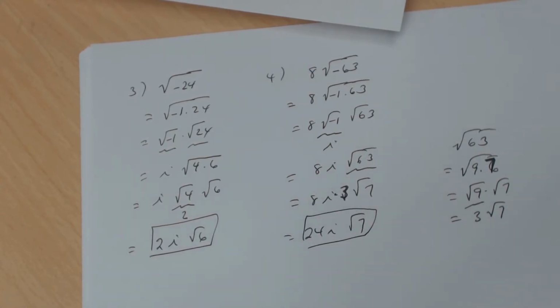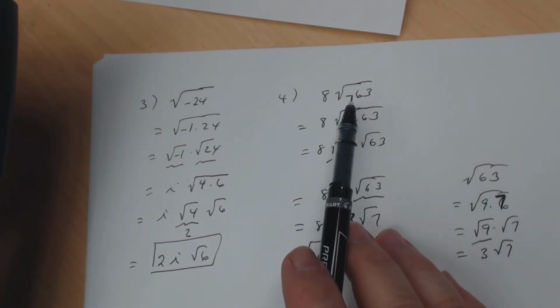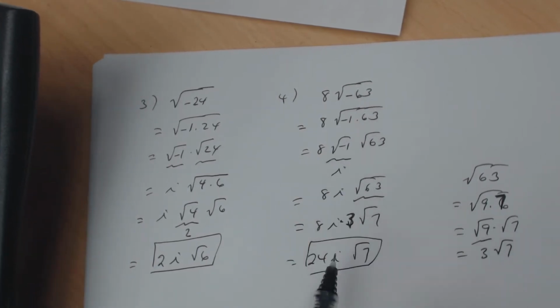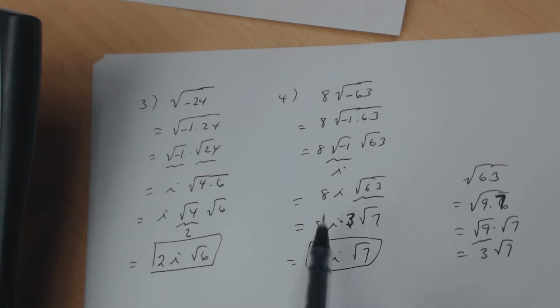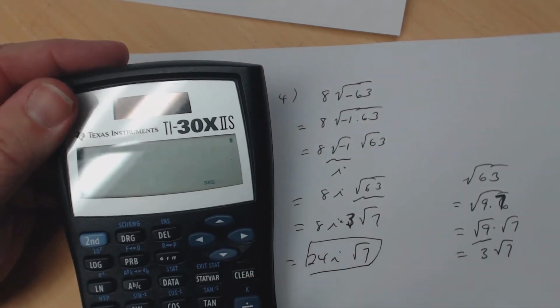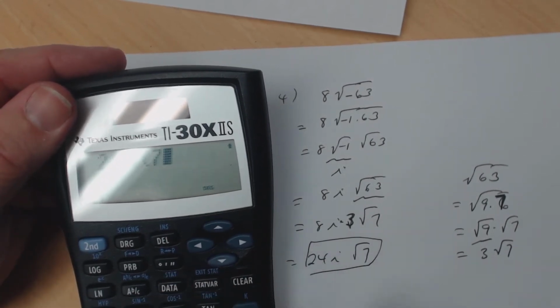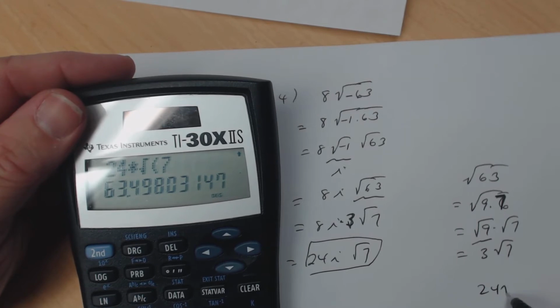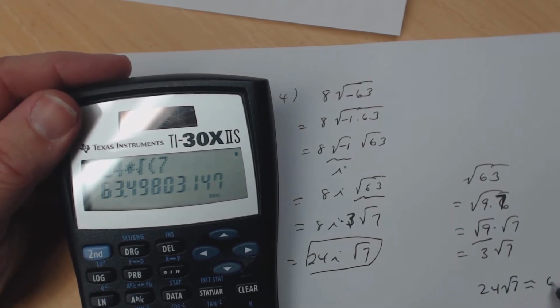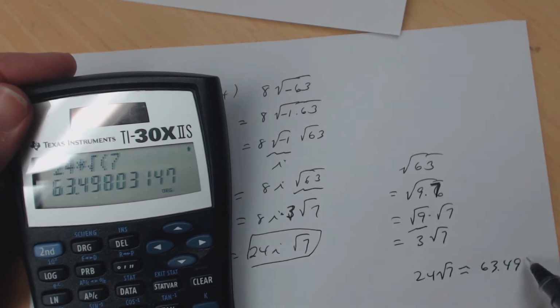So that's what I get there. All right. Now, again, you can always check your work, and here's how you could check this. First of all, you have to recognize that the square root of a negative number is where this i comes from. And then if I do 24 times the square root of 7, 24 square root of 7 is about 63.4980.